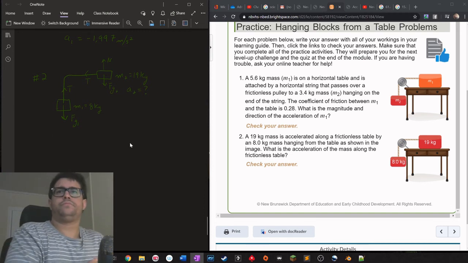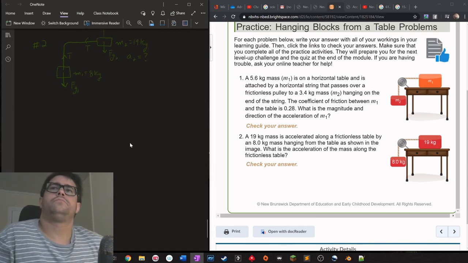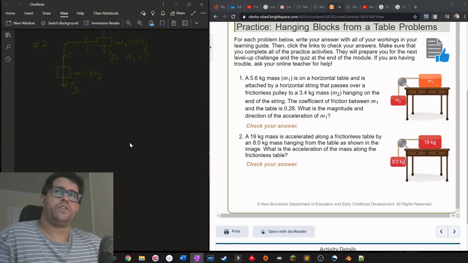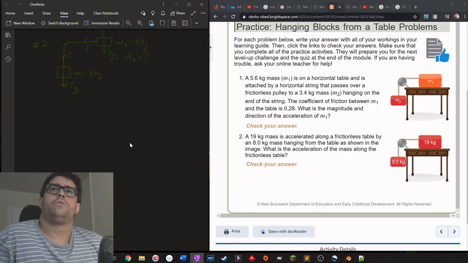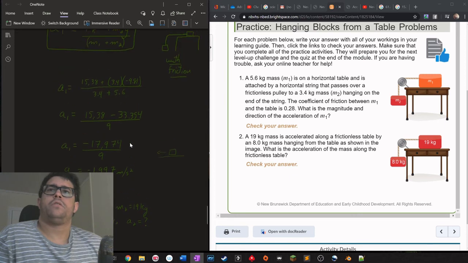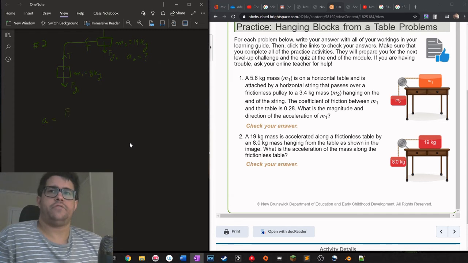So what do we do? We can redo the situation and the equation, or just use the equation. So without friction, we're looking at the net force over M1 plus M2. This is probably how most teachers start things out.